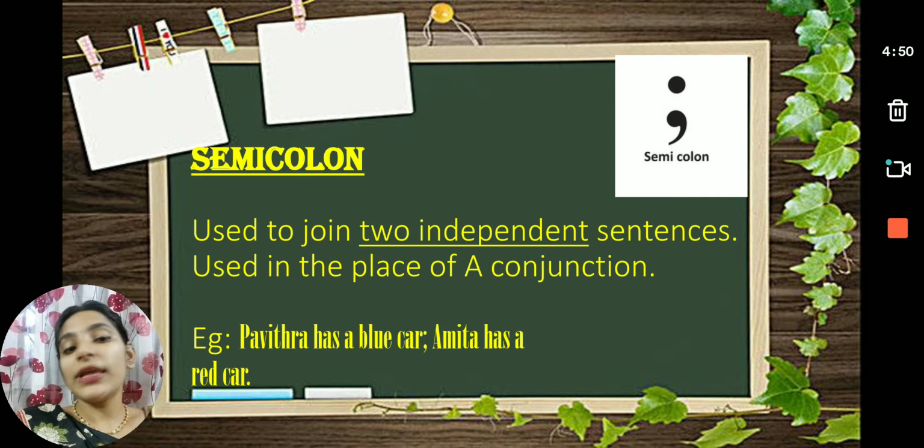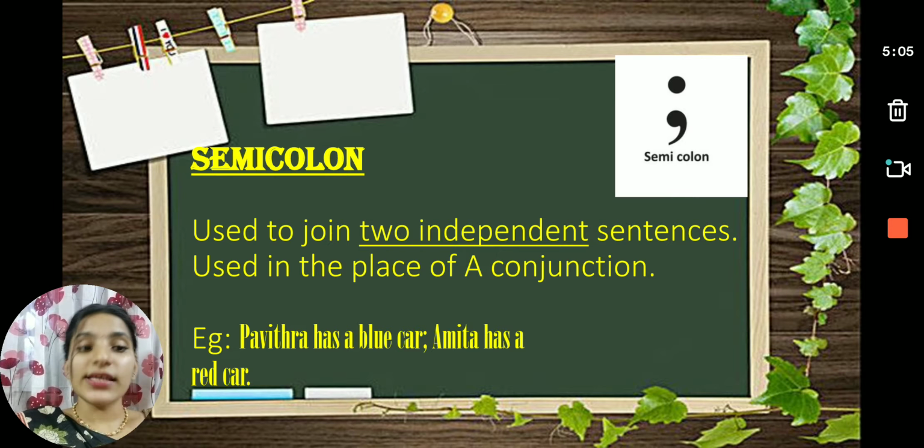If we separate these two sentences, the first sentence, Pavitra has a blue car, makes sense on its own. It has meaning on its own. The second sentence, Amita has a red car, also has meaning on its own.